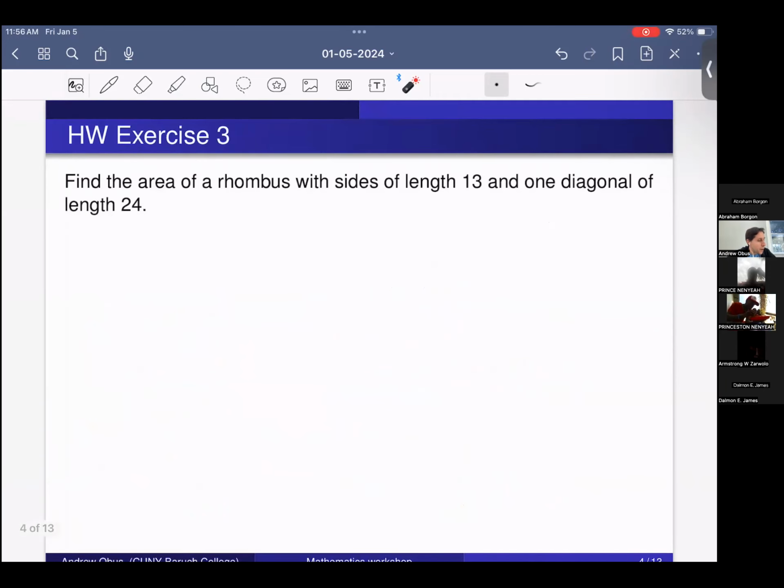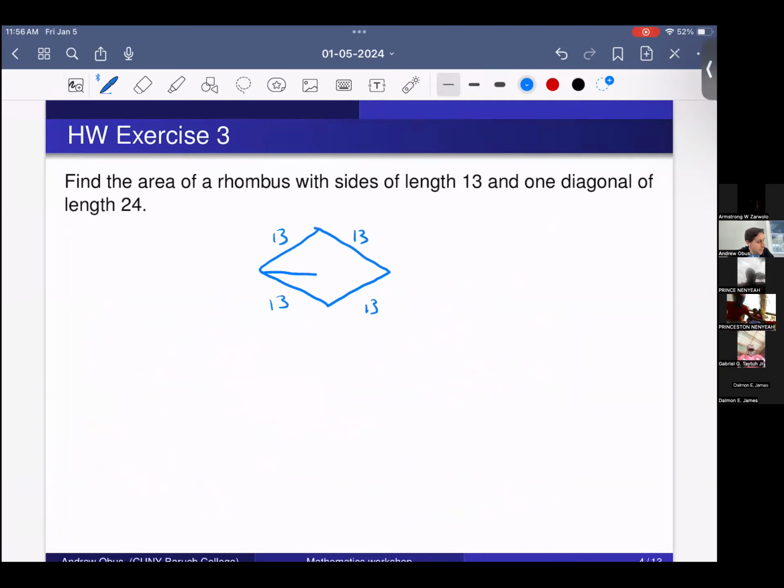Find the area of a rhombus with sides of length 13 and one diagonal of length 24. So this is going to be another similar problem. So we have 13, 13, 13, 13, and this diagonal here has length 24. We want to find its area, right? And if you recall, we have two formulas for area.